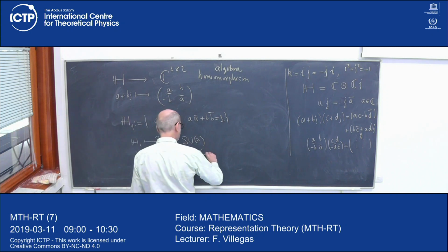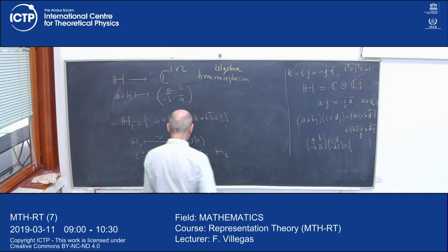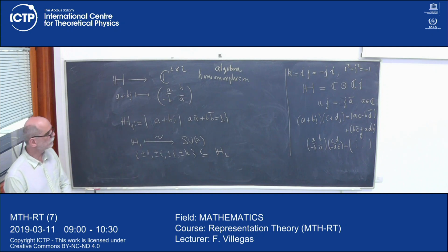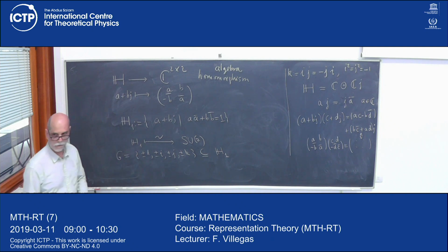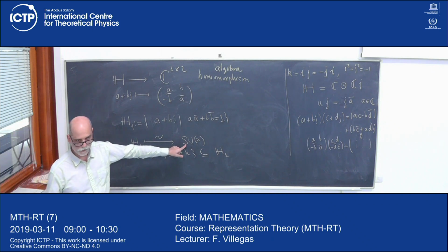You've probably seen this group before as an abstract group, but now we can see it as a subgroup of H1, and this is a group which is non-abelian, finite, and maps over to a non-abelian finite subgroup of SU2.